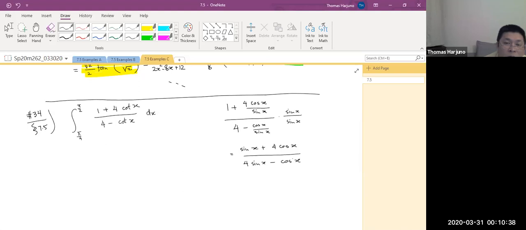Well, what to do from here? Let's try to multiply by the conjugate. So multiplying by the conjugate, for the denominator it is 4 sine x plus cosine x, on the top also.